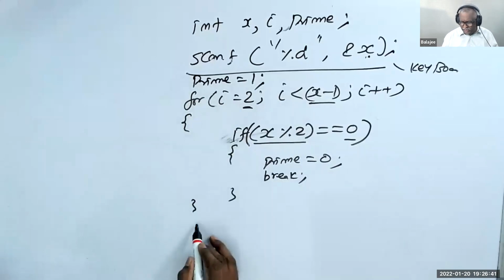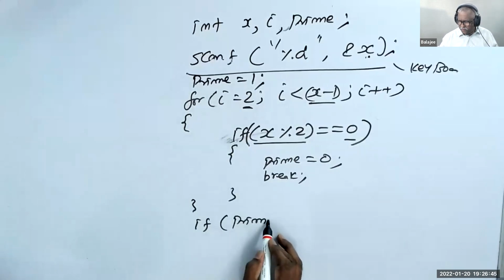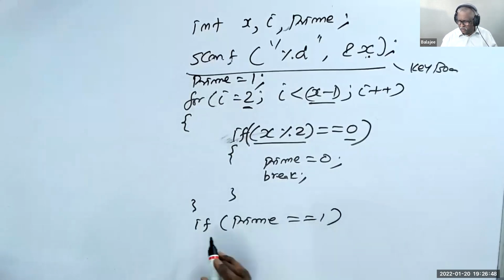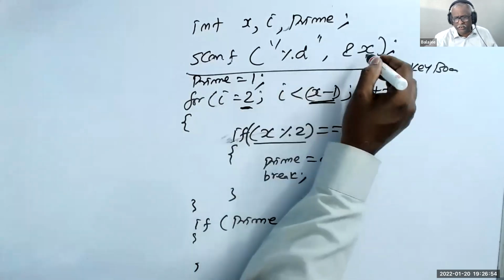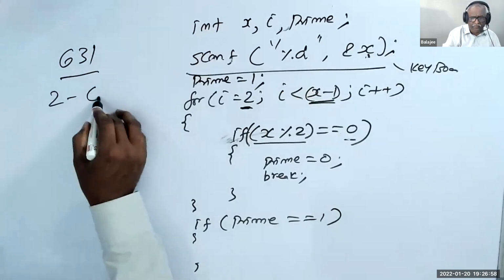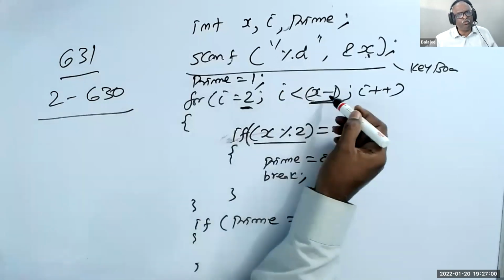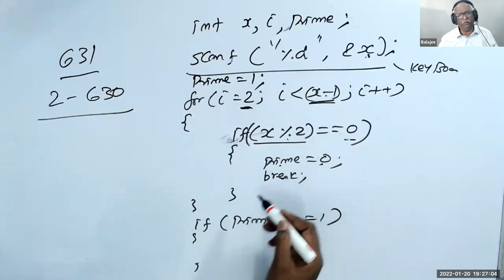Now when I check outside, if prime equal to 1, that means that between 2 and x minus 1, let's say you entered 631, I'll check from 2 to 630. Between 2 to 630, if we find a factor, I will make prime 0 and come out.